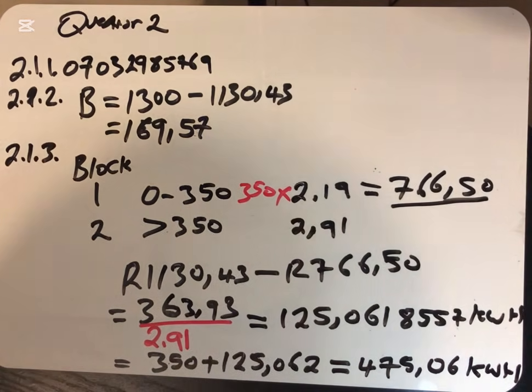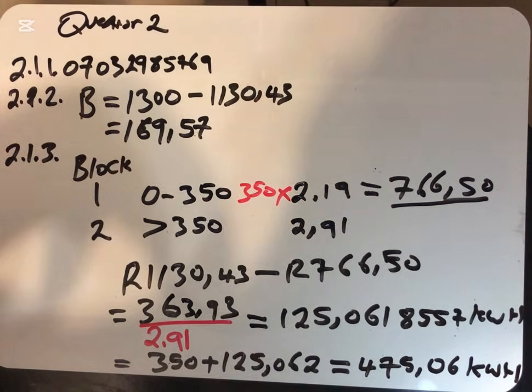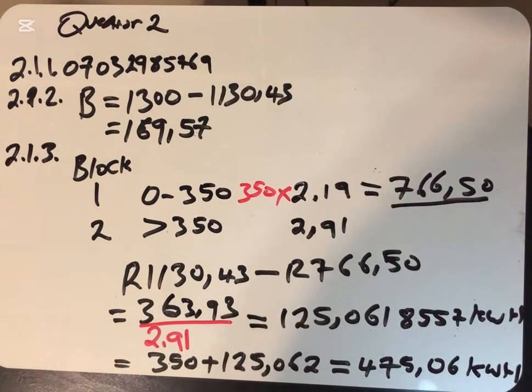So this is the amount of kilowatts that they have received with that amount of 1,130. Don't forget, you are not going to use 1,300 because 1,300 is the combination of the amount used to purchase the electricity and the VAT.